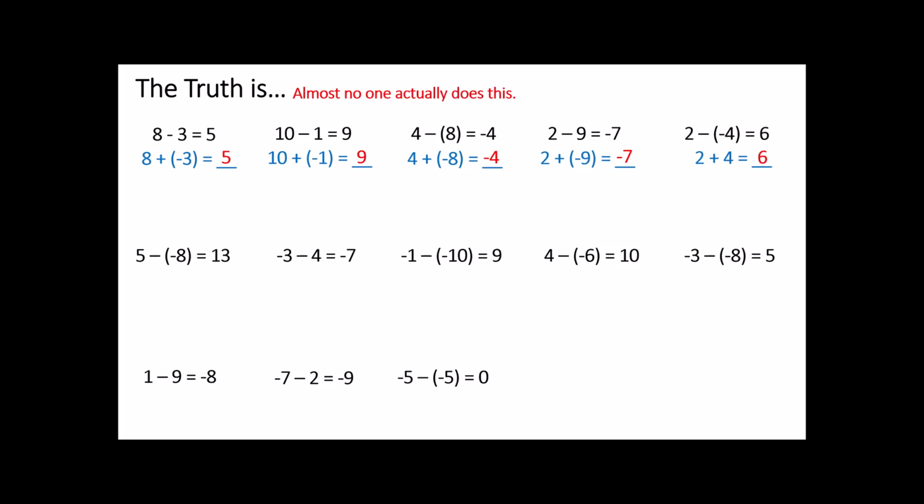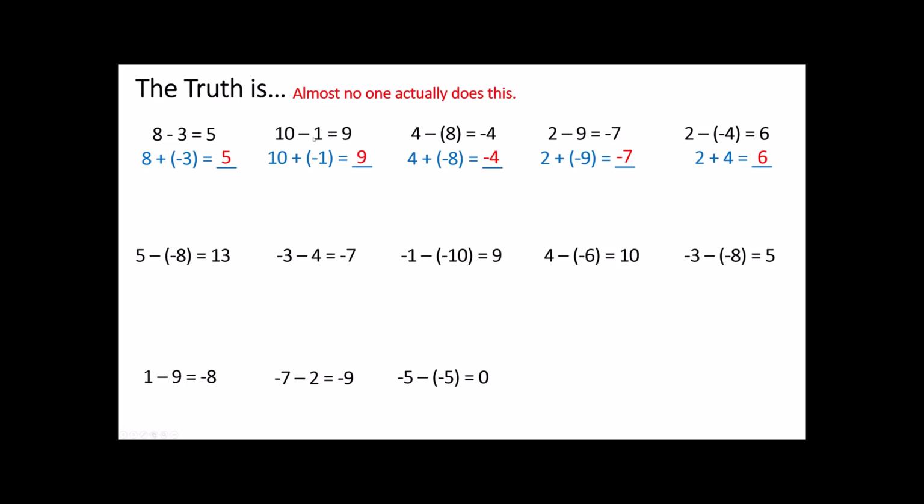Are you noticing anything interesting here? In my example, the first number always stays the same. But notice, instead of subtraction, I'm doing addition. In fact, I'm adding the additive inverse, or the opposite, of this second number. Instead of doing a minus 3, I'm doing plus negative 3.